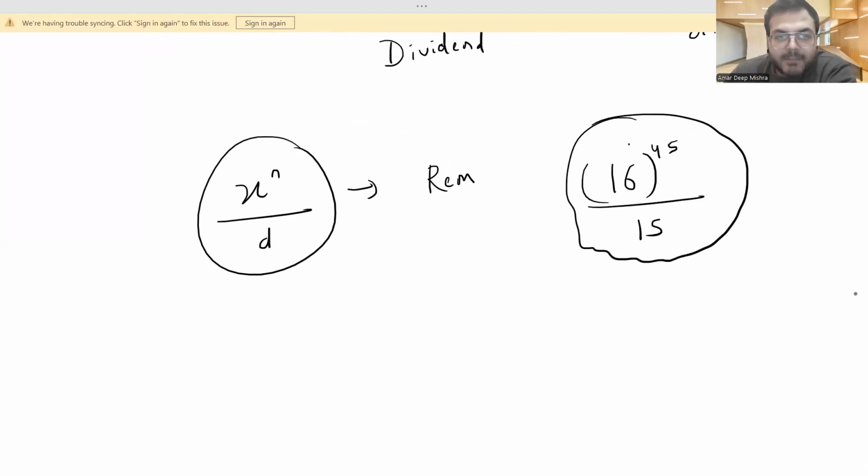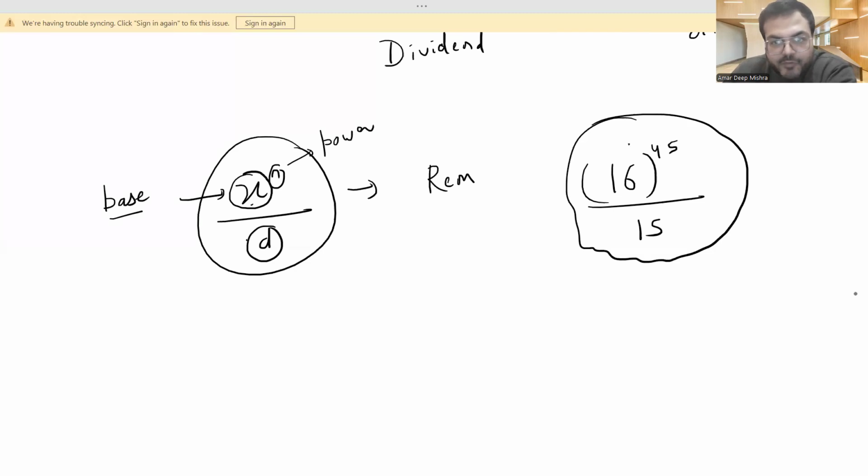Now you have to keep in mind, whenever you see such types of questions, you have to look at the number in the base. This is the base number and this is the power. Now see, the divisor is dividing the base number along with the power, right?